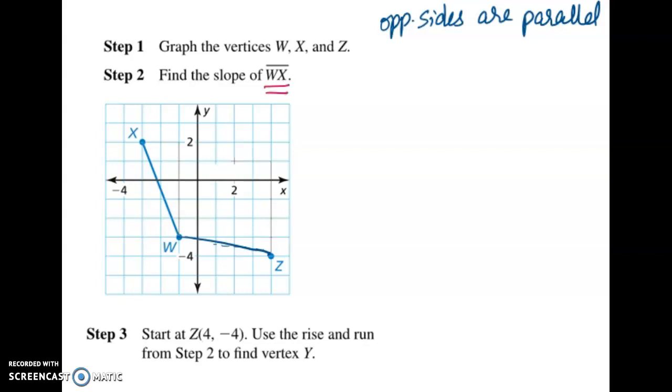So that is the main goal right here, to find the slope of WX. For getting the slope of WX, I need to use a slope formula, and the slope formula is rise over run. To do that part, I can say 2 minus -3 divided by -3 minus -1, because the coordinate here for W is -1, -3.